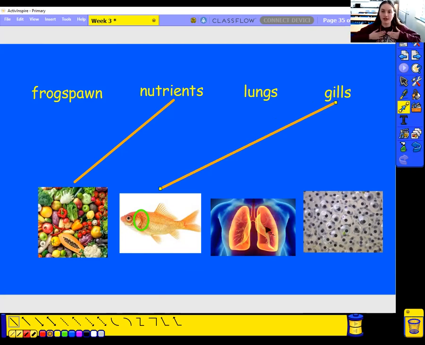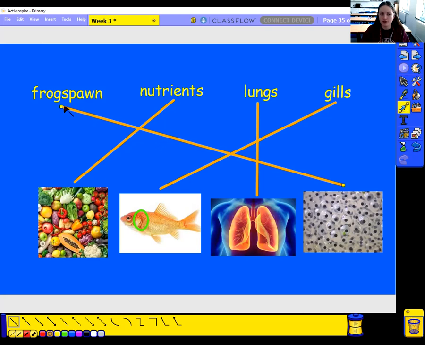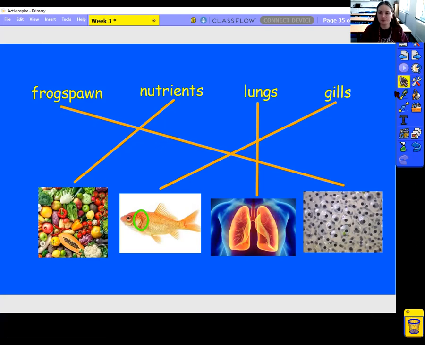This one, the thing inside our chest that helps us to breathe, is that frog spawn or lungs? Fantastic. Well done. There are lungs. They help us to breathe, which means the last one is the picture of the frog's eggs in jelly, which is called frog spawn. Fantastic start, year 2. Well done.